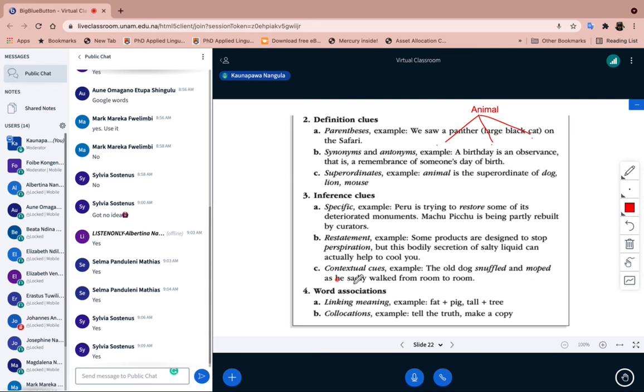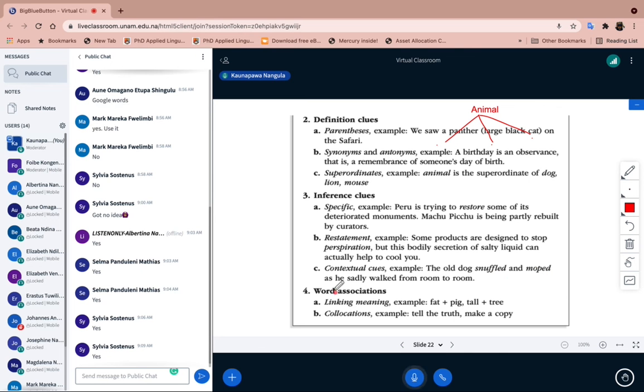And then this information, sadly walked from room to room, gives you a picture of a sad dog with its head down, walking slowly and sadly from room to room. That can give you clues. So that is the contextual cues that give you extra information or an idea of what the words mean.